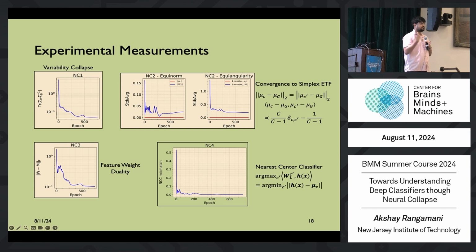No, I'm saying you pass your input through all of the layers, and you get a feature vector at the end, right? So what the deep network would do is then pass it through the classifier matrix, and then you pick the maximum one. I'm saying instead of that rule, map the feature vector to the class mean which is closest to it. And those two rules are doing the same thing.